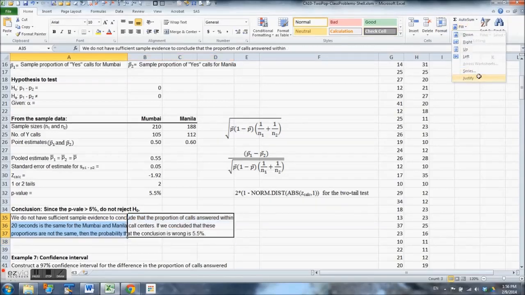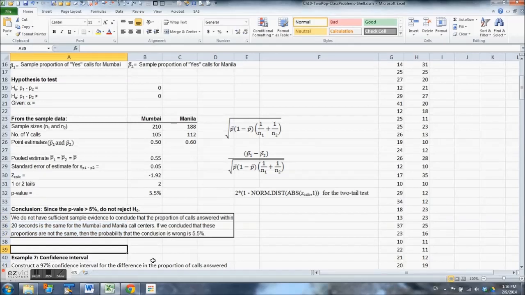And that's the hypothesis test for two population proportions.